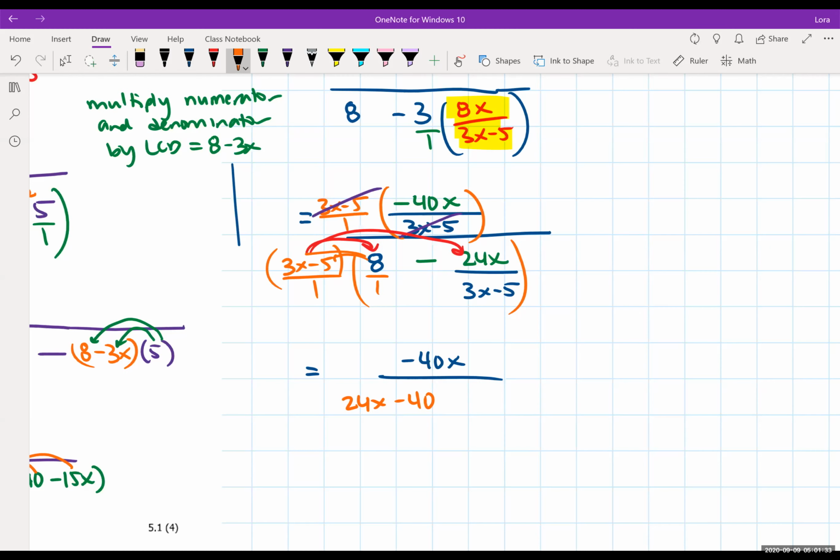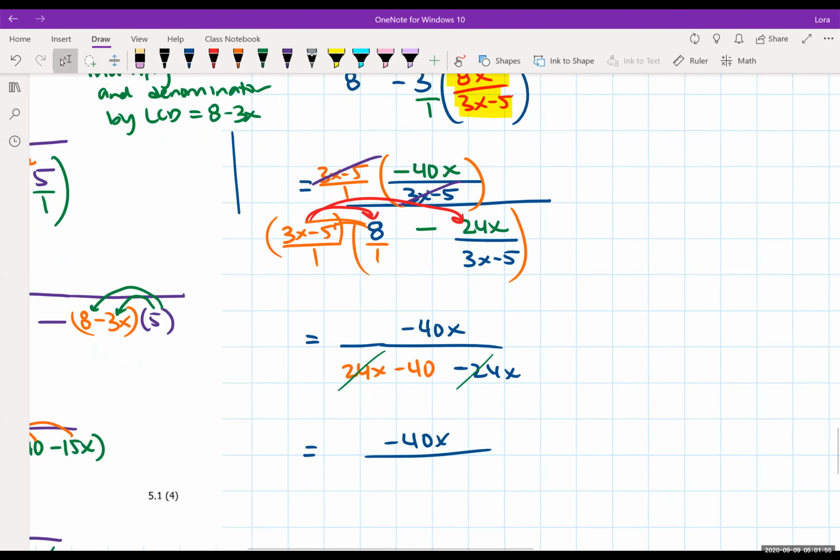And now the 3x minus 5 times the fraction, the 3x minus 5s will divide out, so we'll get minus 24x. Now all we do is combine like terms in the denominator. Looks like the 24x's are neutralizing, so we have negative 40x over negative 40.